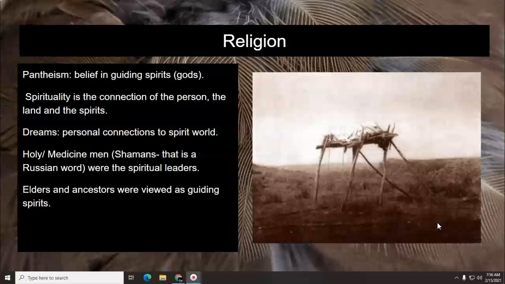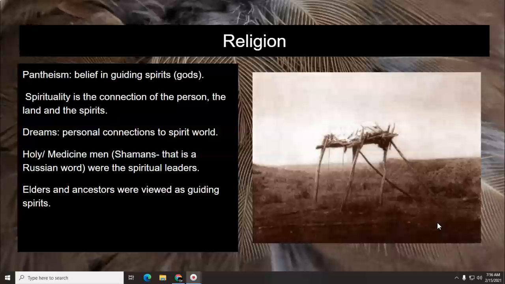There are holy men or medicine men. A lot of times you'll hear them referred to as shamans. Shaman is really a holy man of a very specific Russian tribe, but it's become a general-purpose word, and they were the spiritual leaders. But the elders and ancestors were also extremely important as sources of wisdom and guidance, and they were also guiding spirits even after they died.